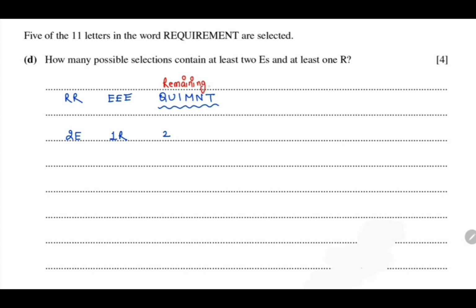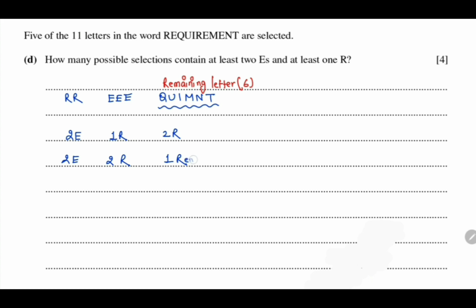Remaining letters. 3 plus 3, 6. So I will write 2 remaining. Now 2 E's or 2 R's, 1 remaining.